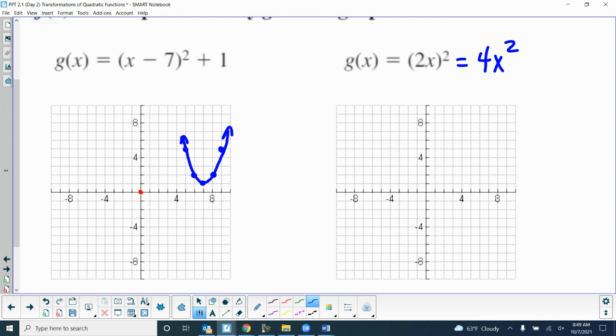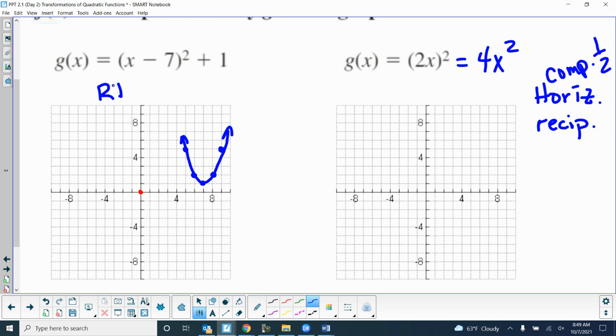Horizontal transformations, we're thinking reciprocal, right? So it's a horizontal compression by 1/2 is what's happening there. I guess to describe this, we were supposed to describe it.